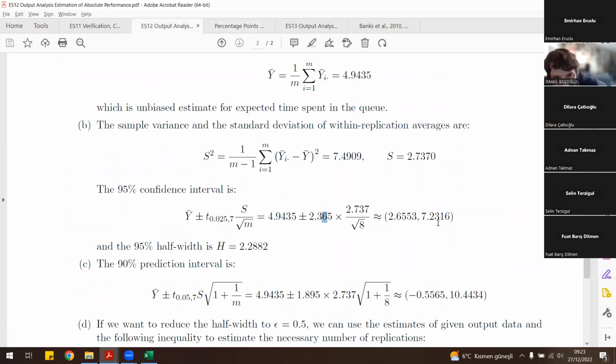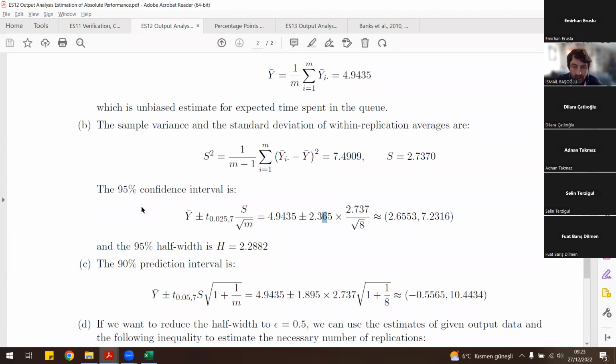So what we can say here is this. With respect to our simulation results of 8 independent replications, the true expected waiting time in the queue for these clients is somewhere between 2.65 and 7.23 with a 95% confidence level.